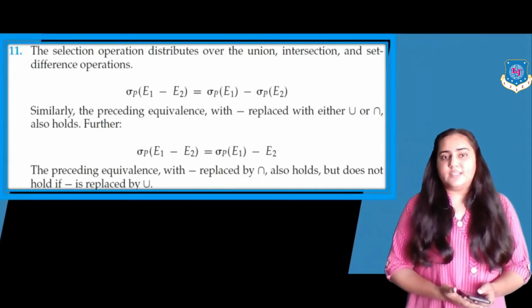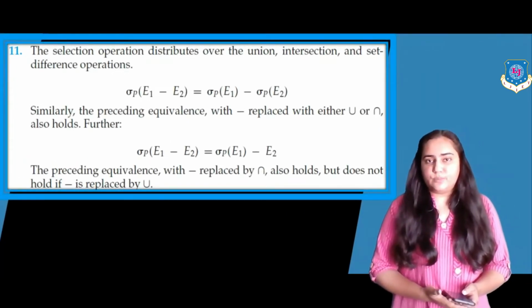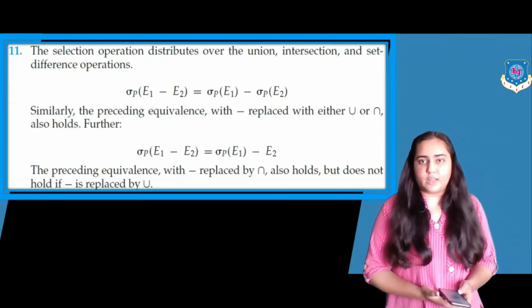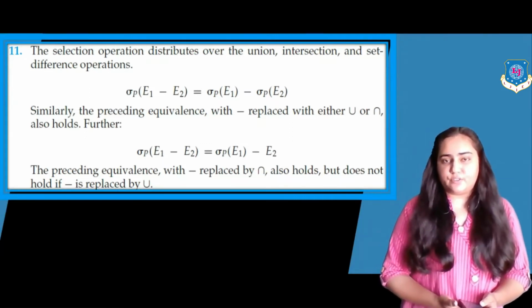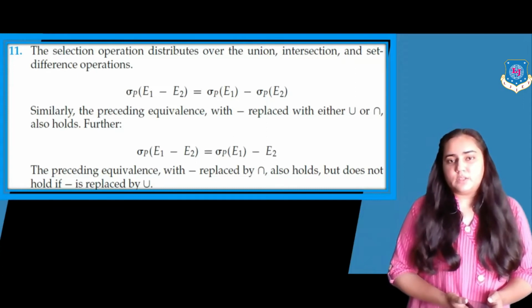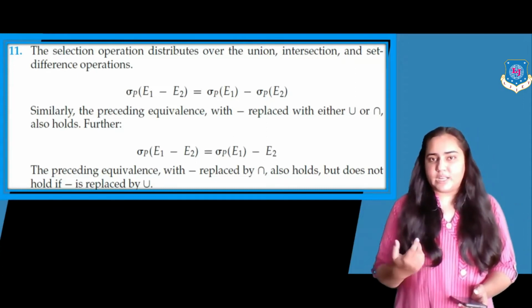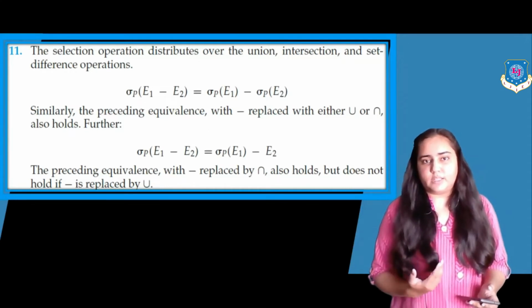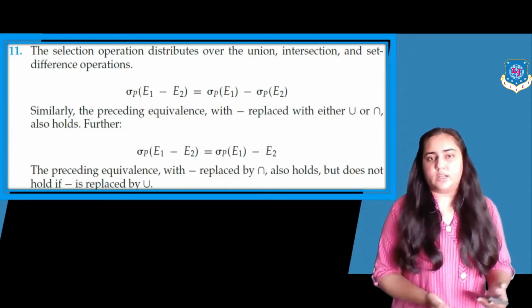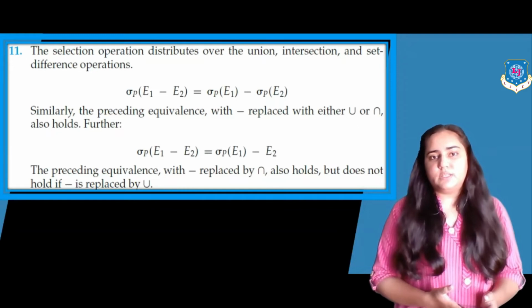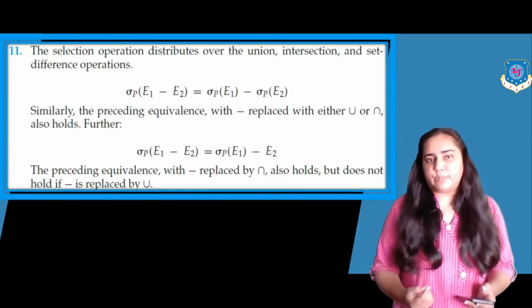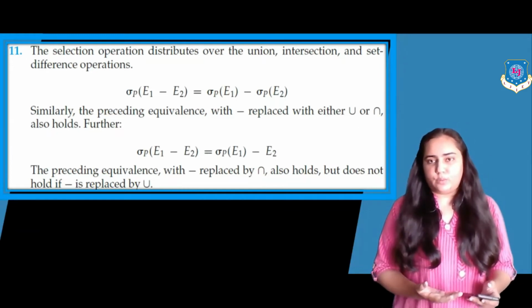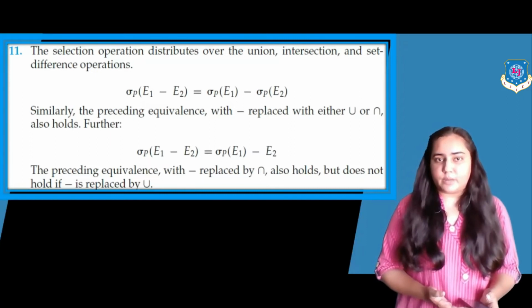Now, the selection operation distributes over the union, intersection and set difference operations in this manner. I'm only giving you an example of set difference, but you can distribute it over union and intersection, which I've explained later on. Here you can see there is a sigma p condition. P is the condition on which my select statement needs to be applied.